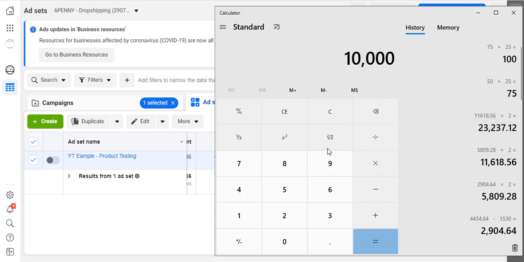Make money first. So for example, we said you could have made 23,237 rands 12 cents in 24 days. I think that's what we said. And you're like, oh my god, this product is making me money. I'm already making over 23,000. Let me scale. Well, you can, but be careful when we are scaling.